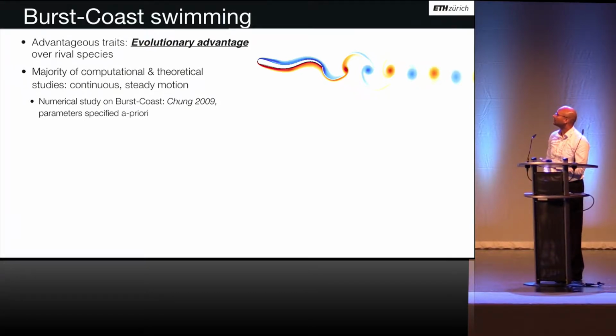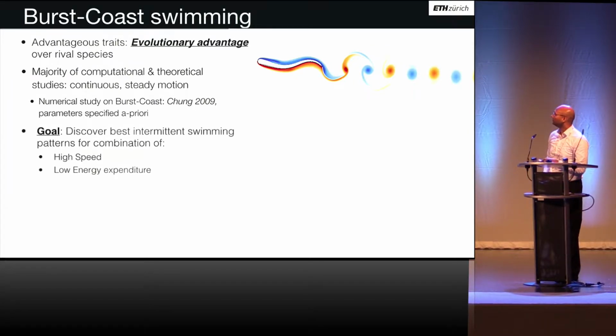One numerical case is mentioned here, but they have some limitations. In this case, the burst coast motion was specified a priori. Our goal today will be to see if we can discover the best way of swimming intermittently with two goals in mind. We are after high speed, and we are also after minimizing our energy expenditure.